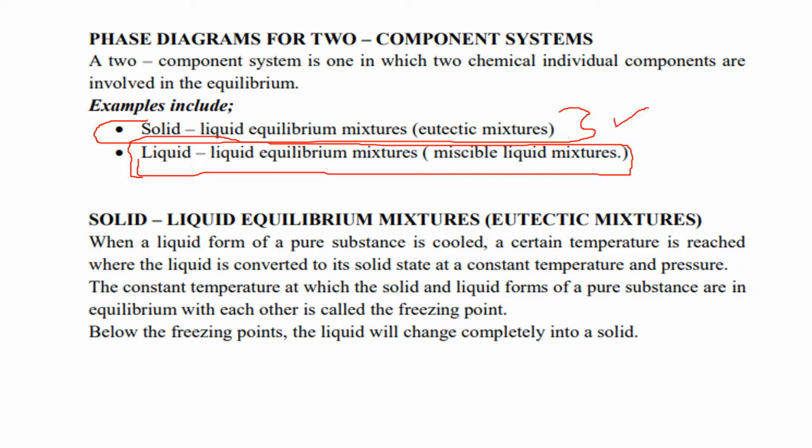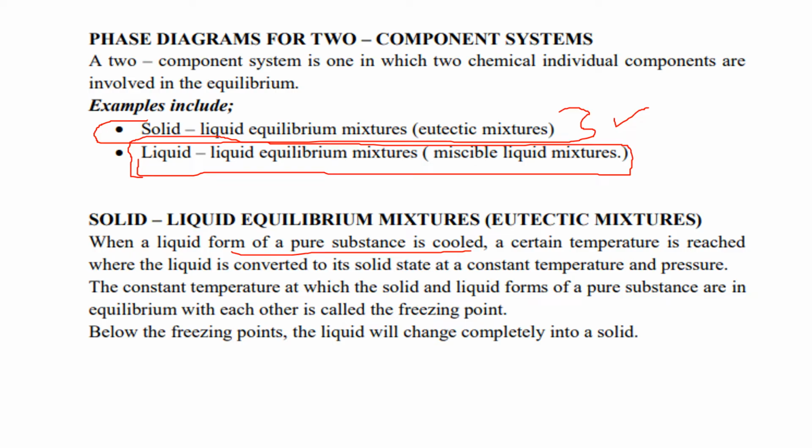Now let's handle what's going to be covered in this video, and it's going to be covered fully. We are going to look at solid to liquid equilibrium mixtures for eutectic mixtures. For those of you who don't have the notes, you're advised to pause the video and take the notes properly. So we are saying that when a liquid form of a pure substance is cooled, it undergoes some changes.